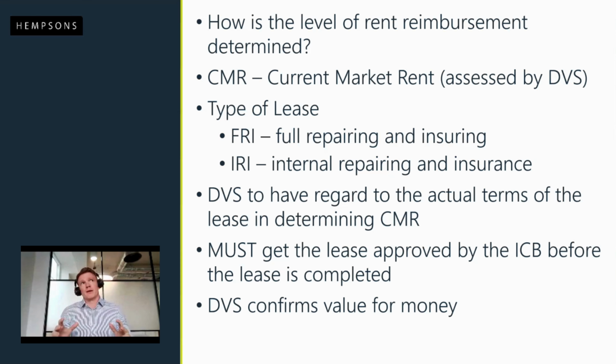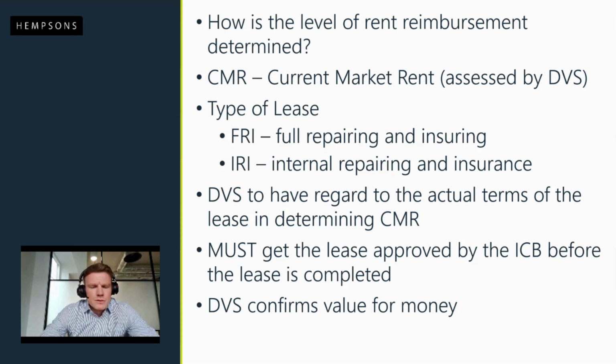Generally speaking, from a negotiation standpoint, this can create tension between a landlord and a tenant, because the practice obviously wants the lease rent to align with the DV's valuation of CMR, while the landlord wants to push the rent to its highest point possible. In that scenario, it can become a question of bargaining positions in terms of which way it goes.